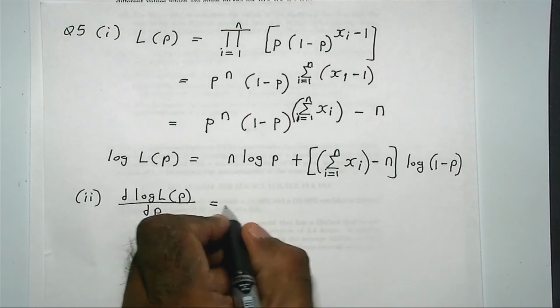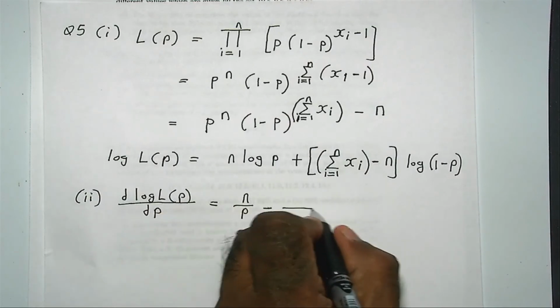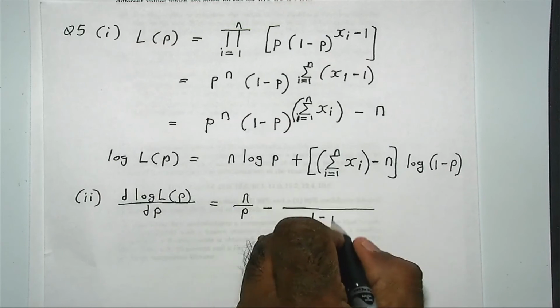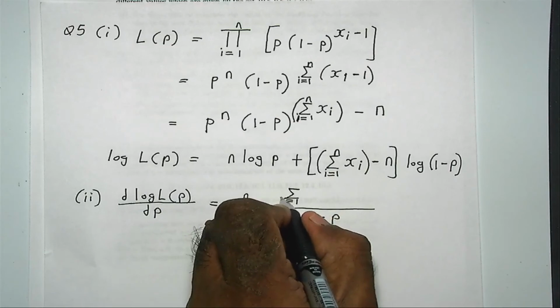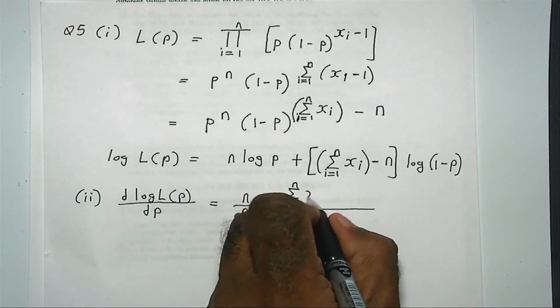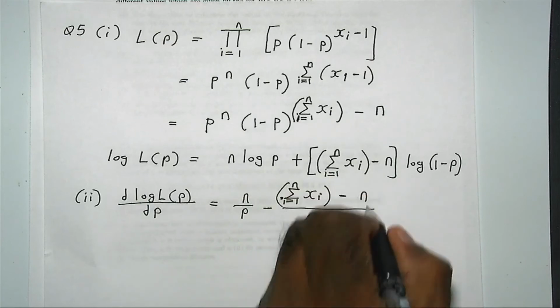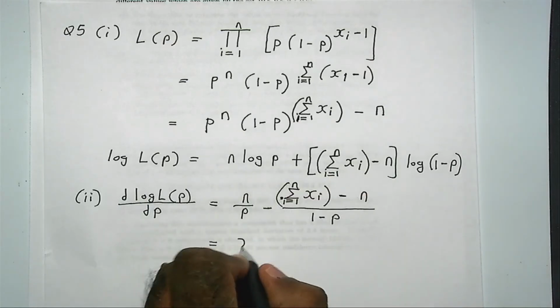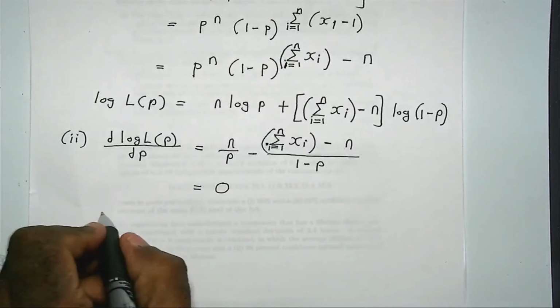So this will be n over p minus the rest. Then you set this to 0 and solve for p.